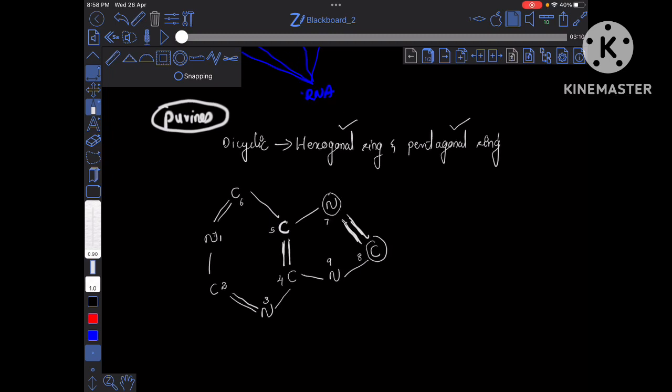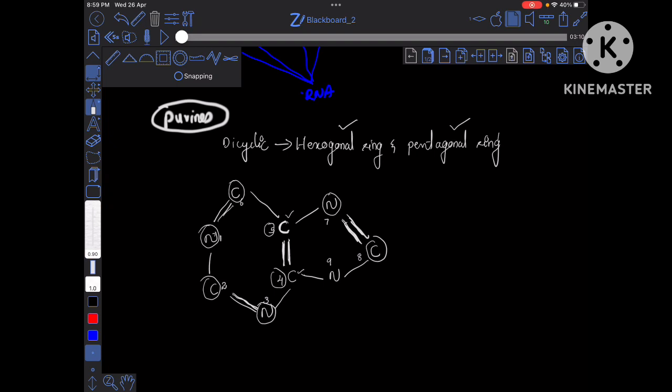So once again I will repeat. The left side of purine contains alternate carbon nitrogen residues, and the right side carries only carbon residues. Between the fifth and fourth carbon atom, there is always a double bond, and by keeping this in mind, you can draw the alternate double bonds.